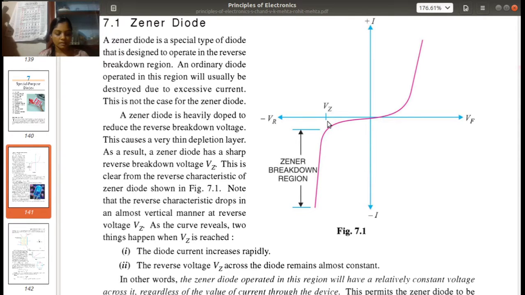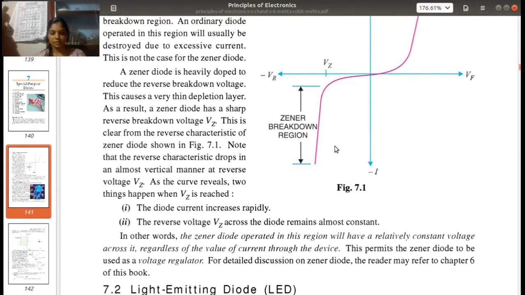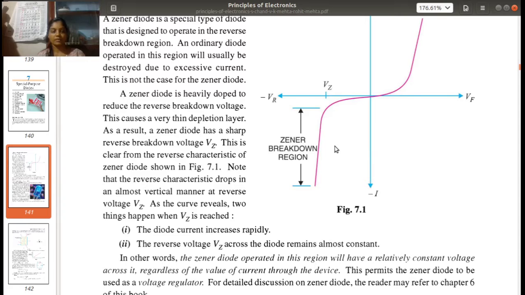A Zener diode is always operated in the reverse biased condition. The Zener diode will work only if it is reverse biased. So this is about a Zener diode.